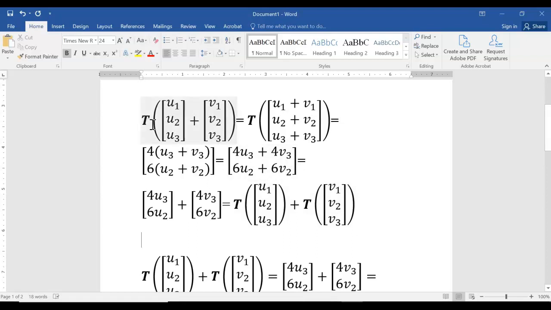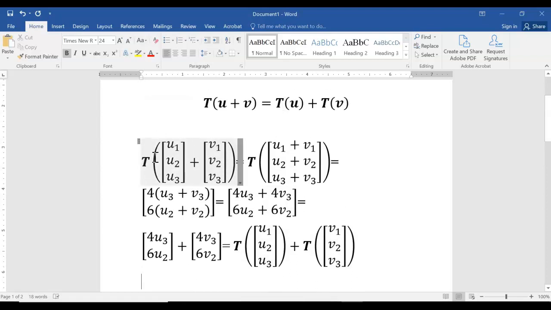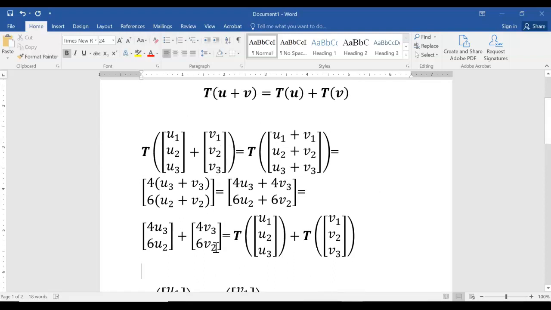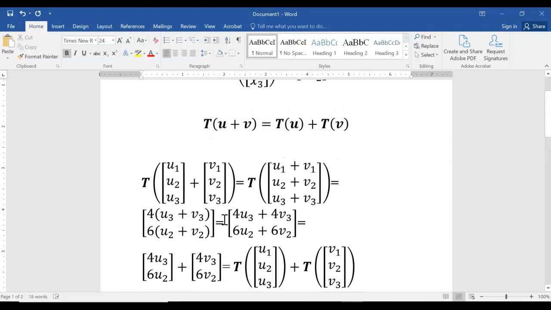So you could do this technique where you start with this side and you simplify it till you get a vector, and then you start with this side and you simplify till you get a vector, and if it's linear, these vectors will be the same. Or you could start with this side, simplify it, and then break it apart again until you get to these two vectors.